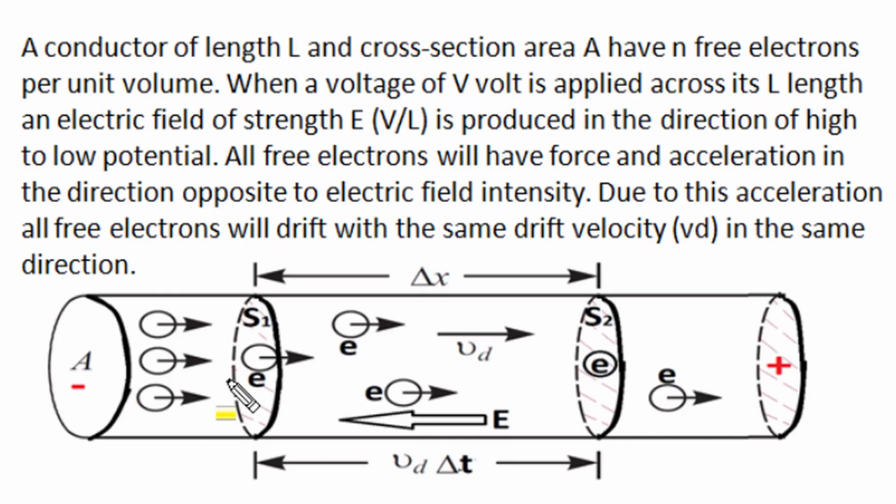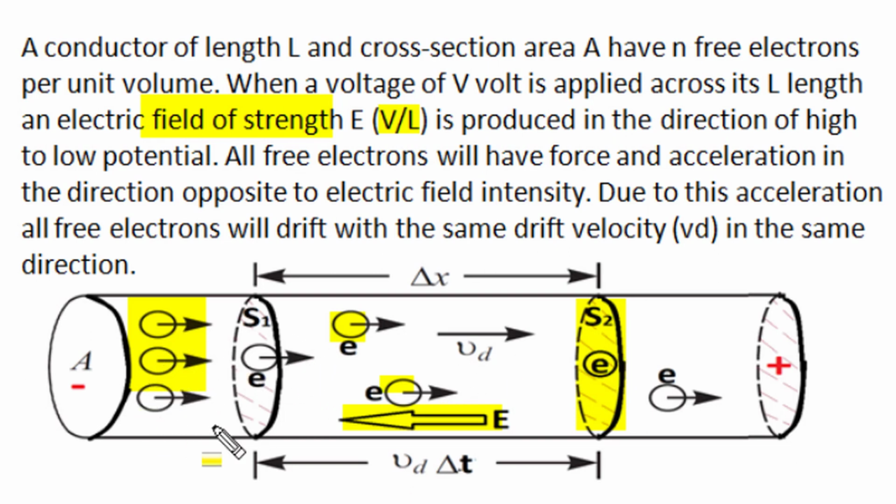Consider a conductor of length L and cross-section area A having n free electrons per unit volume. When we apply a potential of V volt across length L, the potential gradient generates an electric field in the direction from high potential to low potential, and all free electrons experience force and acceleration in the direction opposite to the electric field, and drift in the same direction with the same average velocity.